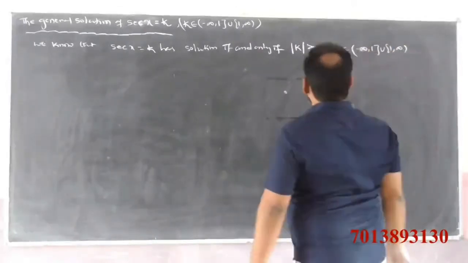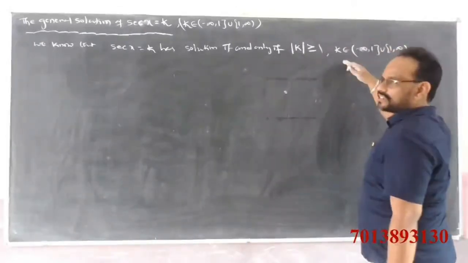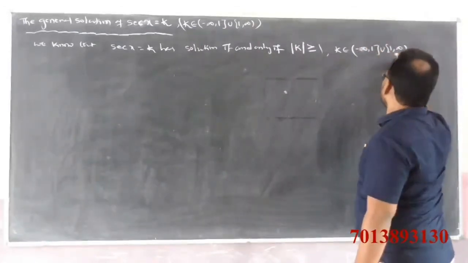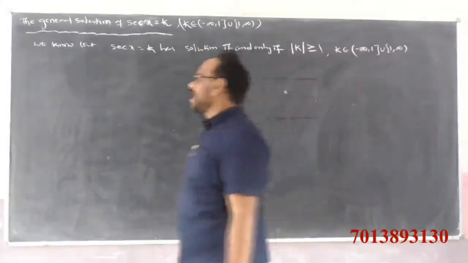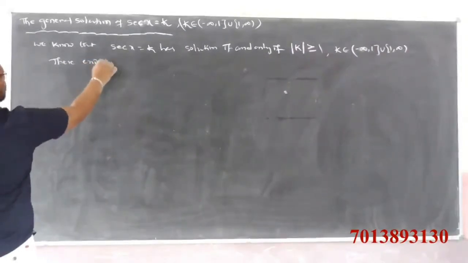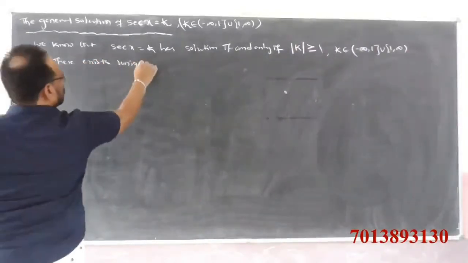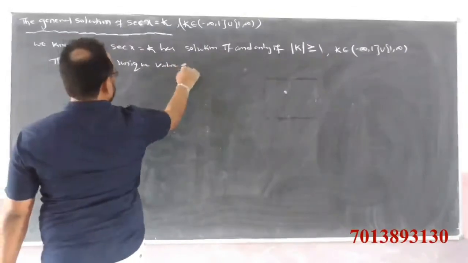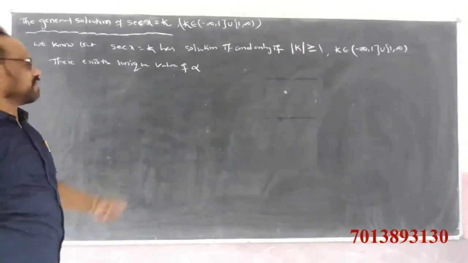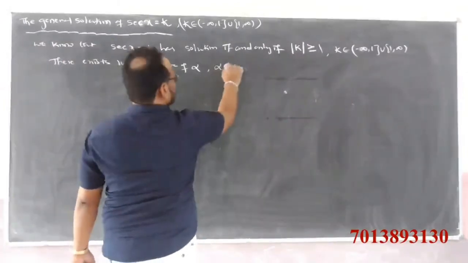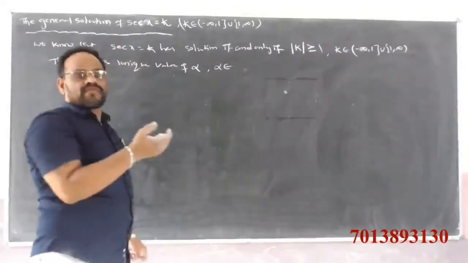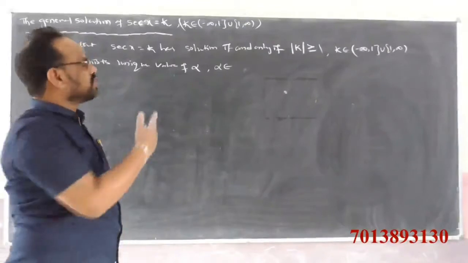For k belonging to minus infinity to minus 1 union 1 to infinity, there exists a unique value alpha. Alpha is the principal solution of the given trigonometric equation.